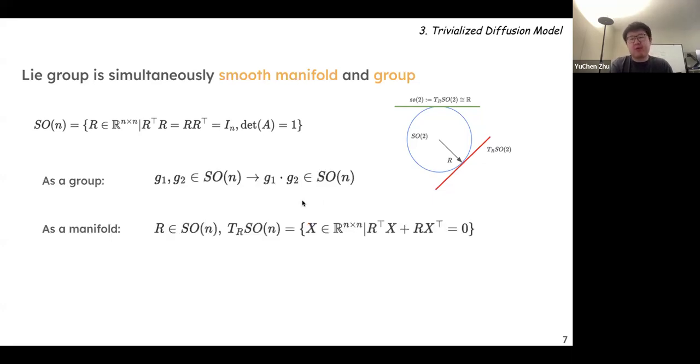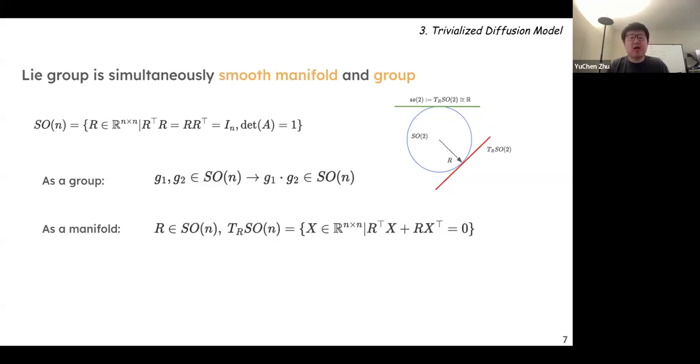We can have two different perceptions of this object. First, you can think of it as a group. For two different rotations, two elements G1, G2 in SO(n), we can define a group action between them so that the result will still be a group element. For example, if you have two rotations, the combination of them is sequentially applied rotations, which is again an element of this SO(n) group.